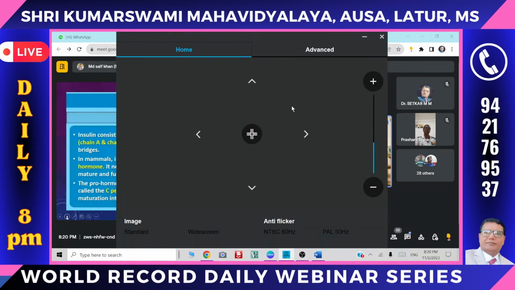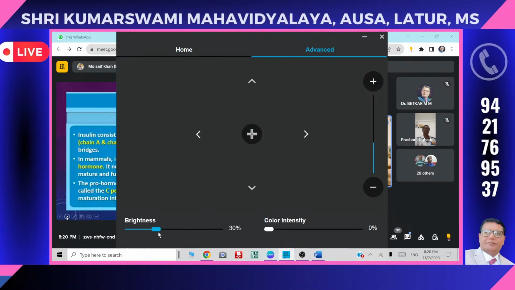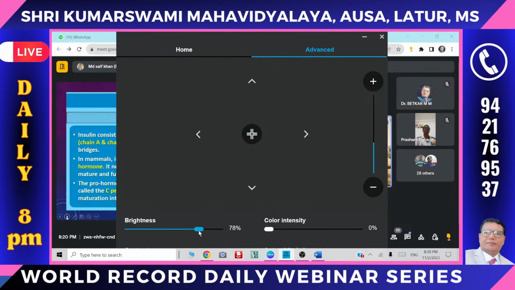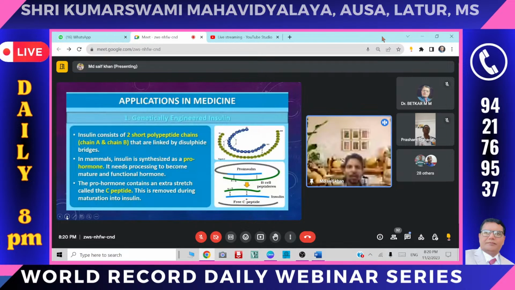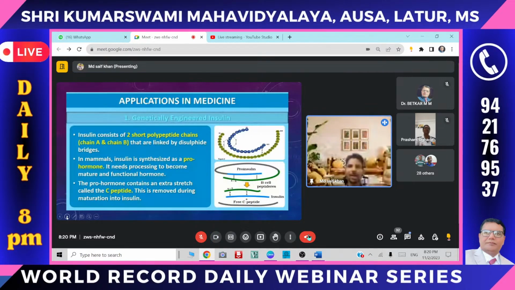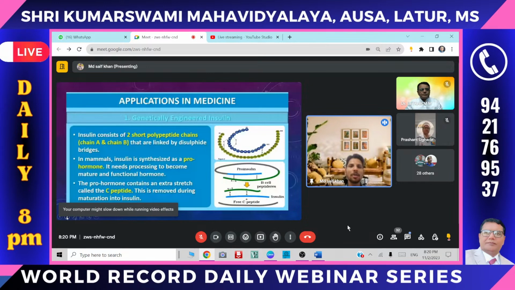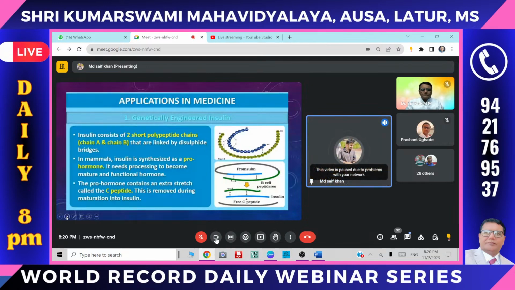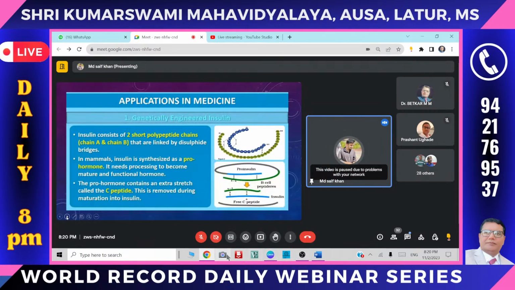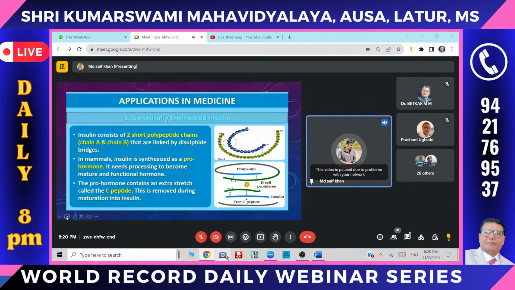They are linked by disulfide bonds. That is, a covalent bond forms between the cysteine residues of the two chains of the insulin. Next, in mammals, insulin is synthesized as a prohormone, right? It needs to be processed to become a mature and functional hormone, right?